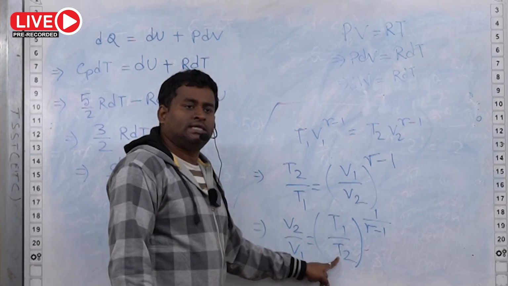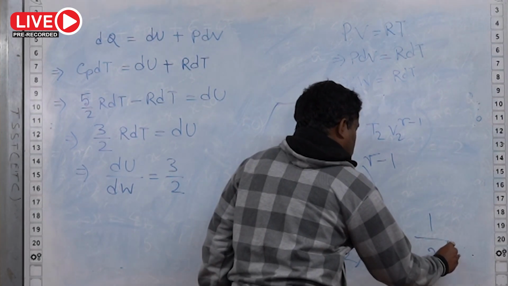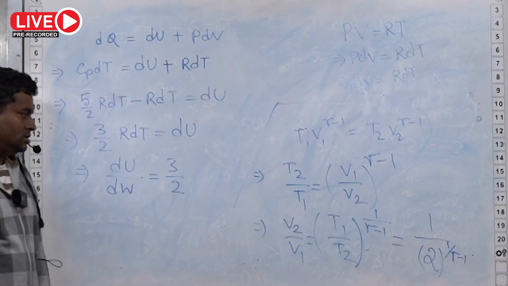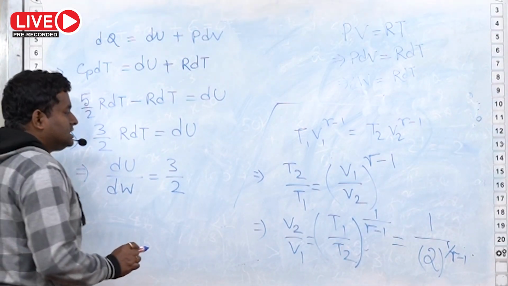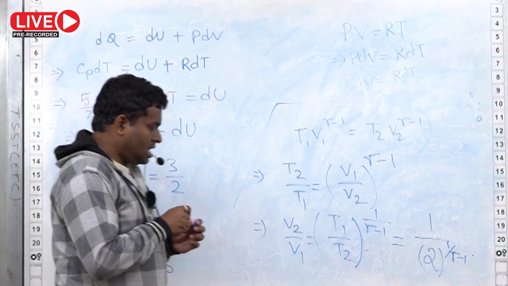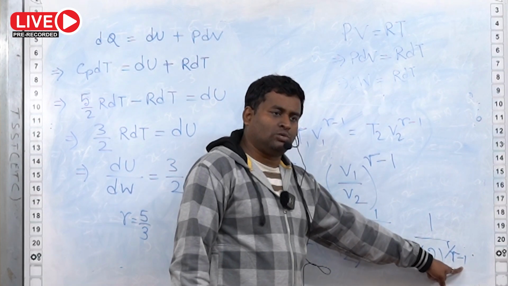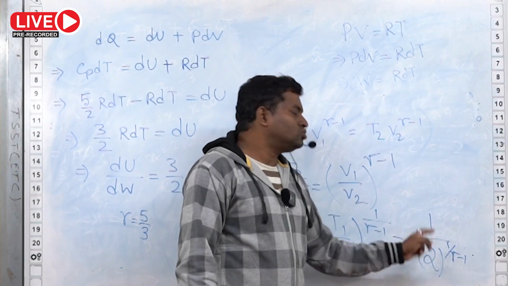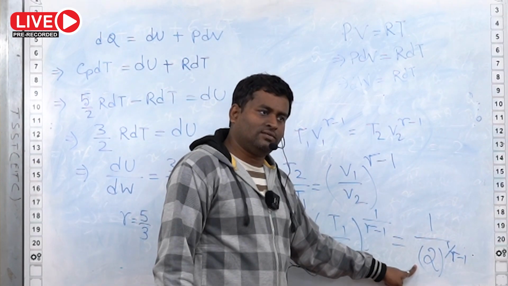Now temperature is doubled, means T2 is twice T1, so it will be 1/2 to the power 1 by gamma minus 1. This one is 1 divided by 2 to the power 1 by gamma minus 1. Now let us check for monoatomic. If I consider monoatomic, then gamma equal to 5/3, and if you put here, it is 5/3 minus 1 means 2/3. So 1 divided by 2/3 means 3/2. So 2 to the power 3/2 is definitely greater than 2. So this ratio is less than half.